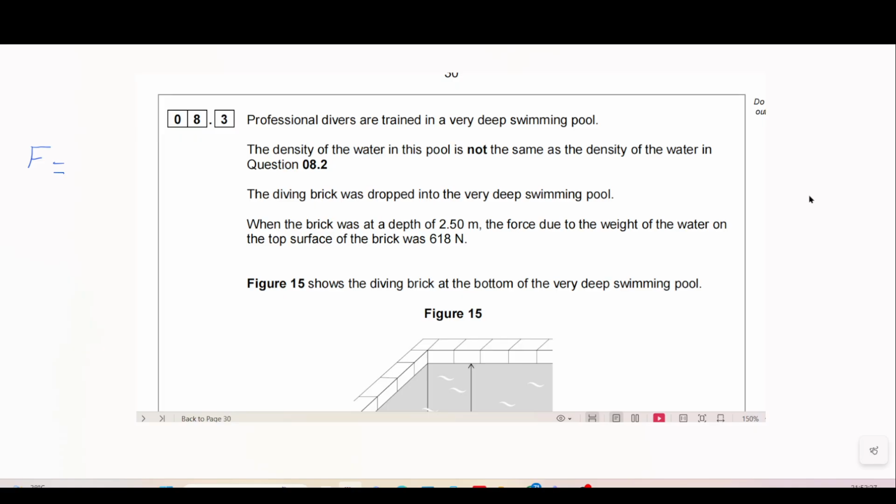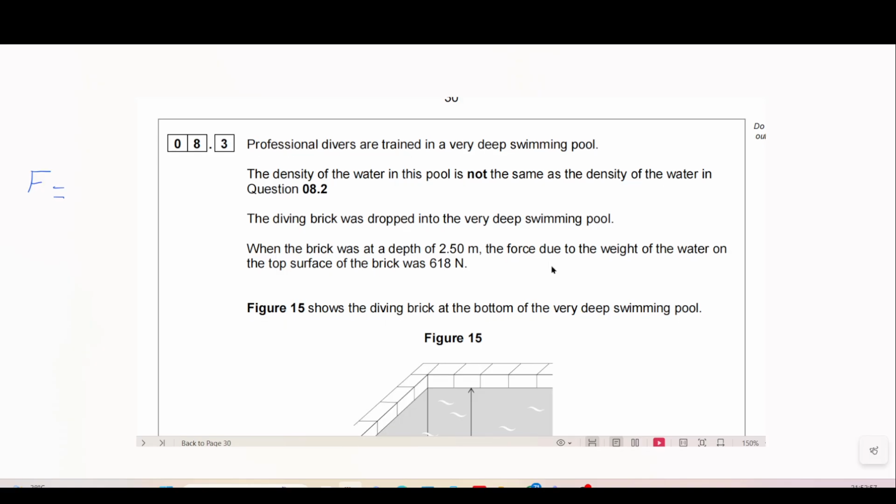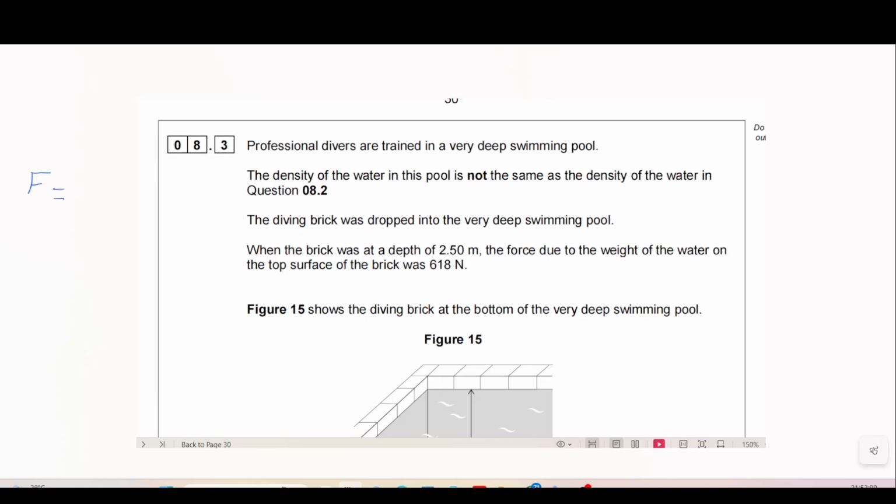There's moment of a force equals force times distance, or there is pressure equals force normal to the surface over the area of that surface. Okay, let's see here. Let's see the force.